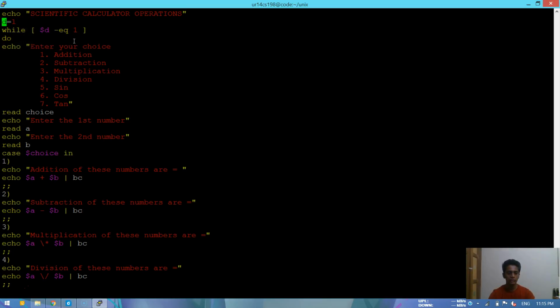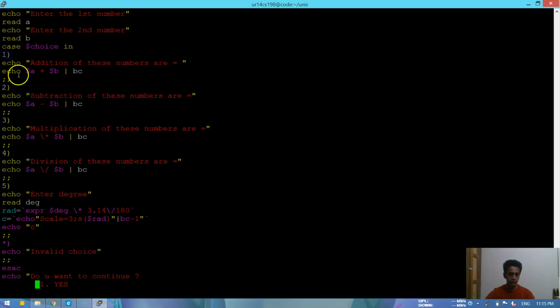D is equal to 1, while D equal to 1, do echo enter your choice: addition, subtraction, multiplication, all this we'll be doing. So here we see read choice. We enter the first number, we input it to A. Enter the second number, we input it to B. Then we give the choice in, dollar choice in.